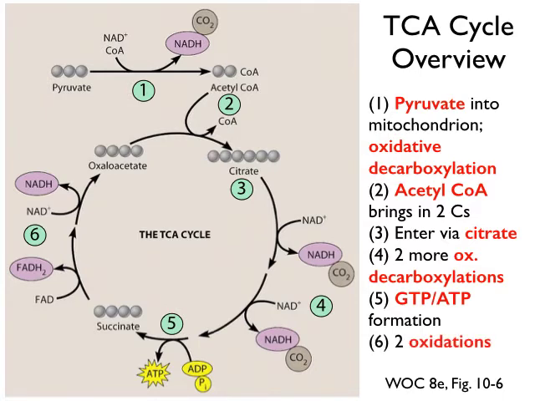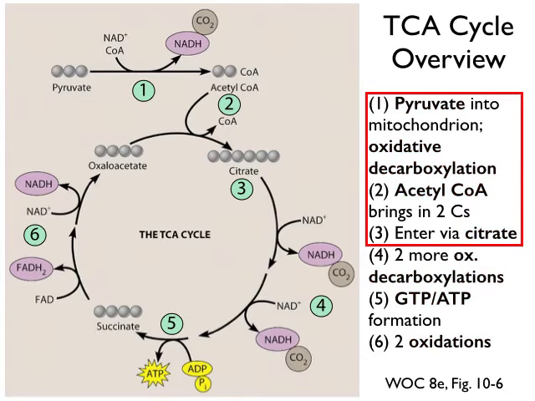And then we're going to take the resulting 4-carbon compound, succinic acid or succinate. We're going to do 2 more oxidations, and those oxidations are going to transfer electrons to 2 electron carriers, one called FADH2 and another molecule of NADH in step 6. First then, let's consider the first 3 steps in this process.